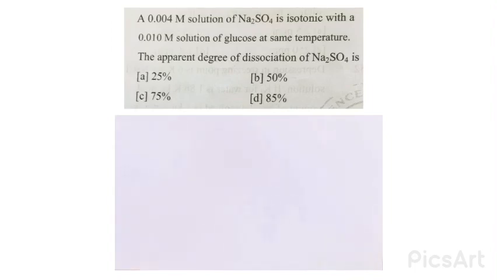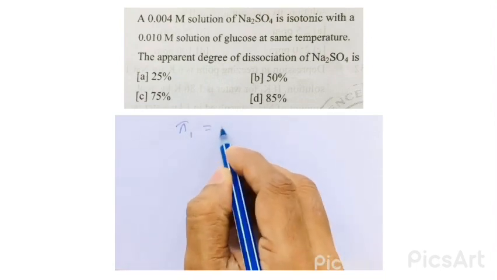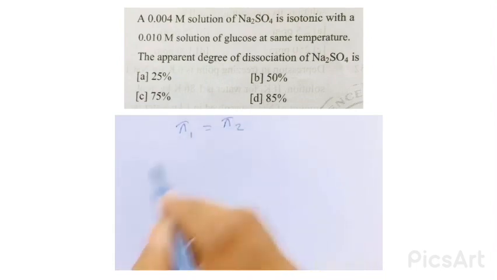In this question, 0.004 molar Na2SO4 is isotonic with 0.01 molar glucose solution. If two solutions are isotonic, their osmotic pressure indicated by pi will be the same.